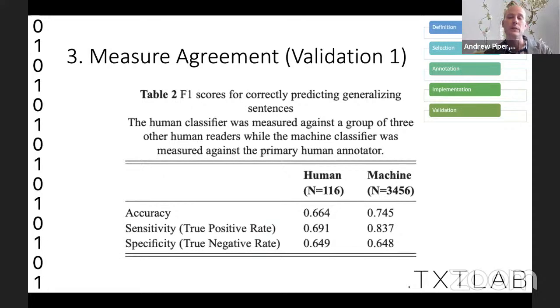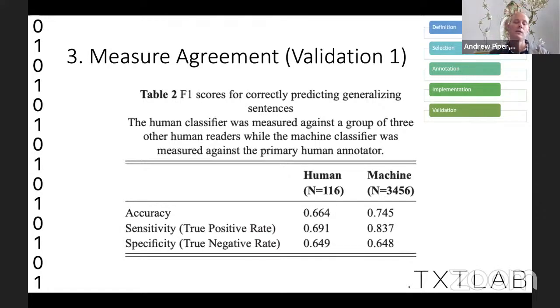The next column is a demonstration of when I feed these 3,000 examples into a machine and use a process called cross-fold validation, how accurate can the machine be? How accurate can a machine learning classifier be in predicting things that I have annotated as generalizations versus things that I've annotated as not generalizations?